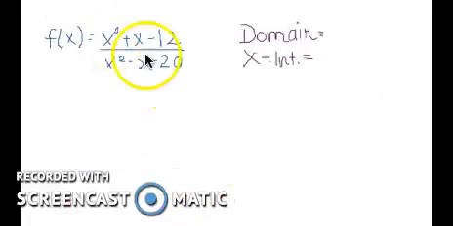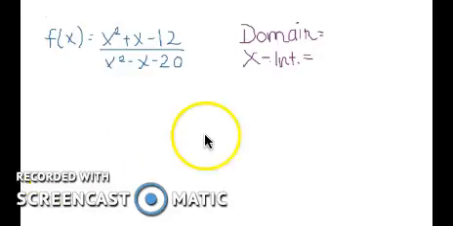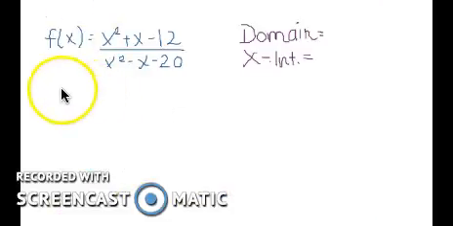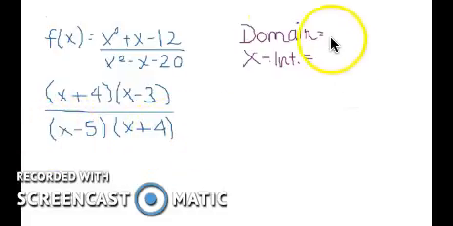So the next function that I got wrong was this one, and I got wrong its domain and its x-intercept. So all I had to do was first factor the function. Then by the denominator I had to give the domain.